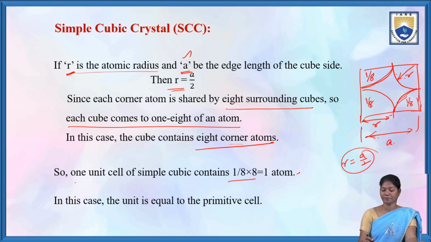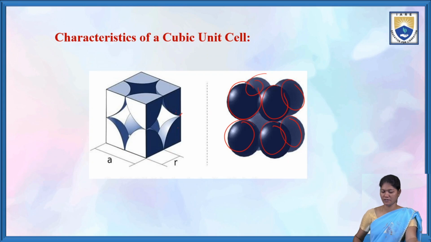That is, in simple cubic, each corner atom is shared among 8 surrounding cubes, so only 1/8 part is in this unit cell. The remaining 7 parts are in the other unit cells.